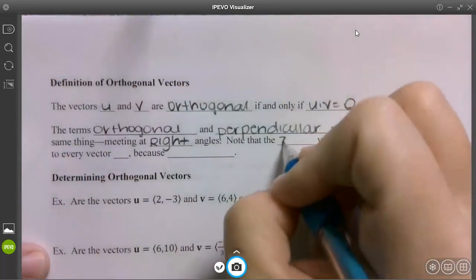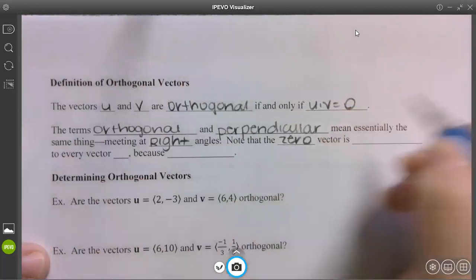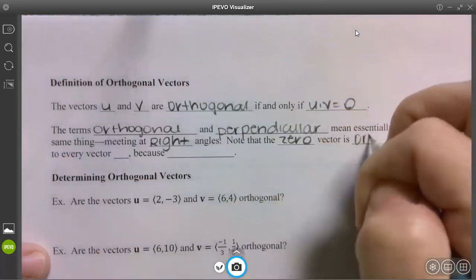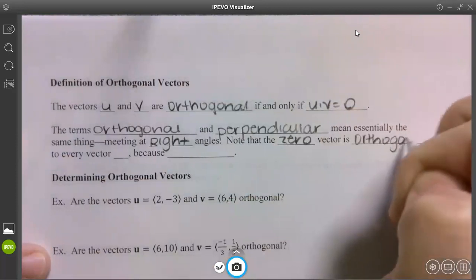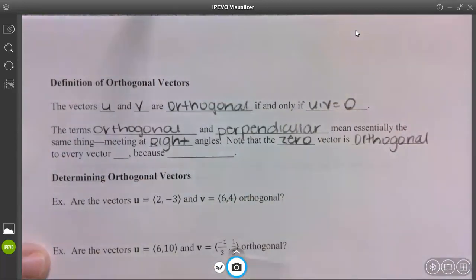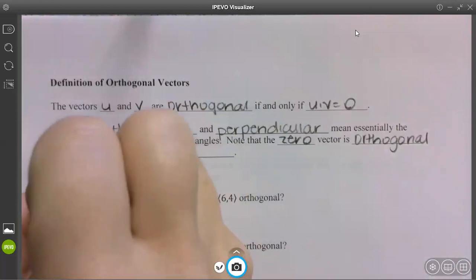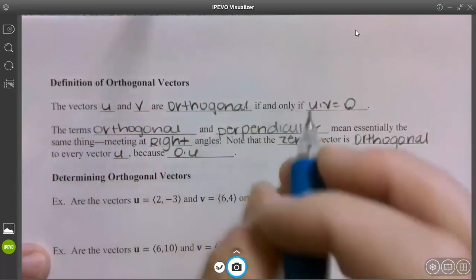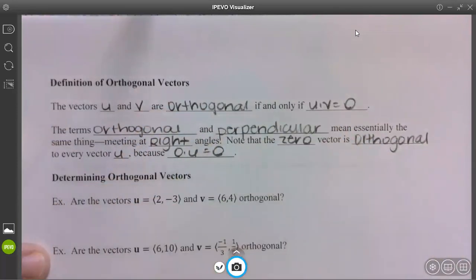Note that the zero vector is orthogonal to every vector u, because 0 times u is going to be 0.